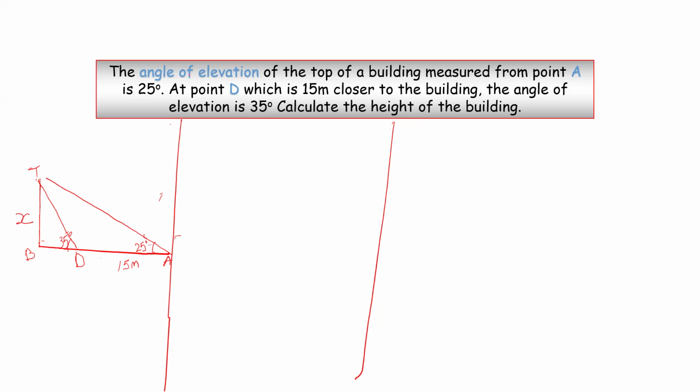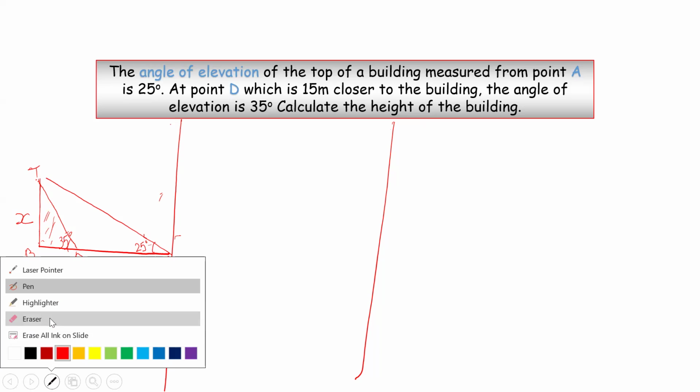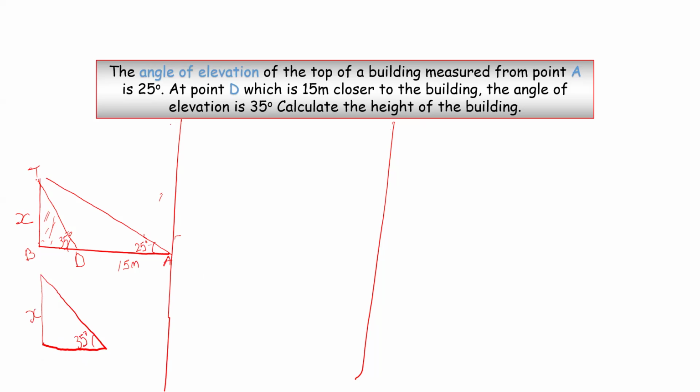Now, we see a right angle triangle in here. Let's extract the right angle triangle. So if this is 35 degrees, and this is X. Now, if we had the hypotenuse or we had the adjacent, we would have been able to find this X easy using our trigonometric ratios.